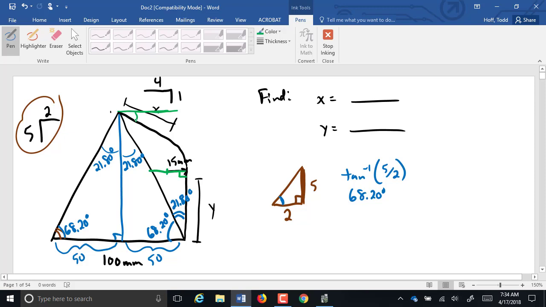How do I find that angle? The 1 over 4. Very good. So I've got 1 and 4. That angle is an inverse tangent. What is it? 14.04 degrees sounds good to me.